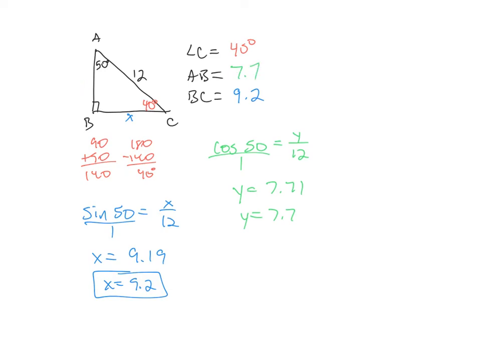Okay, so 7.7 goes there. Oops, and I'm doing this for a reason. 9.2 goes there because I just want to make sure does my answer make sense. 50 degrees is bigger than 40 degrees, so the side across from the 50, 9.2, should be bigger than the side across from the 40, 7.7.